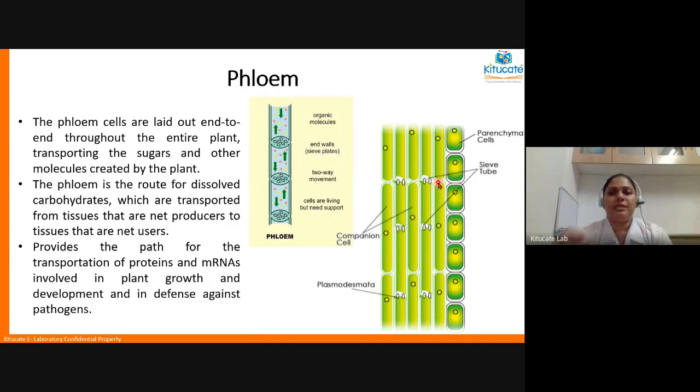Each cell in that leaf carries out photosynthesis because they have chloroplast in them.